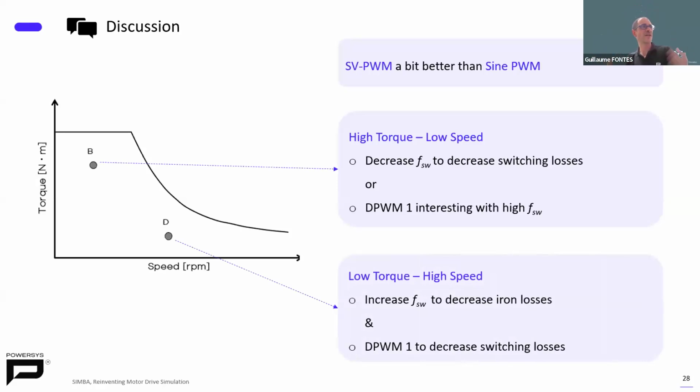So I hope that is a great use case, according to me, that we can do in Simba with an integration of the JMAG-RT model in order to get the losses of the whole system.